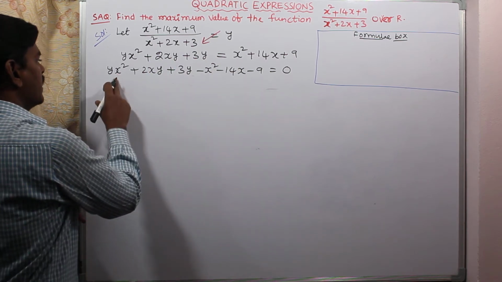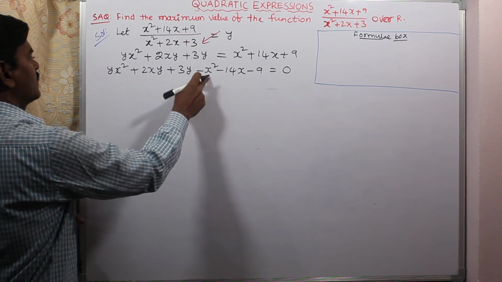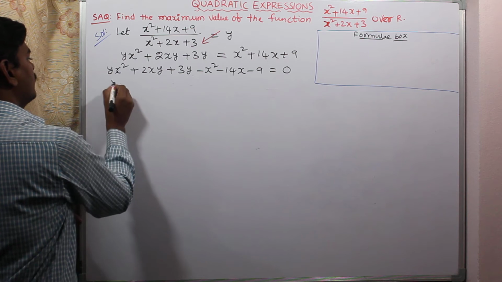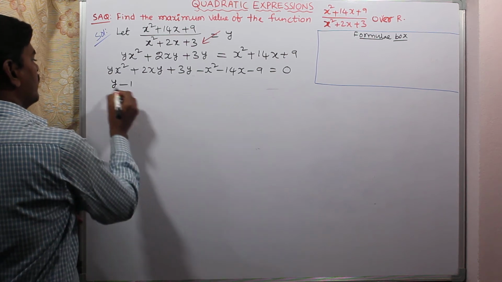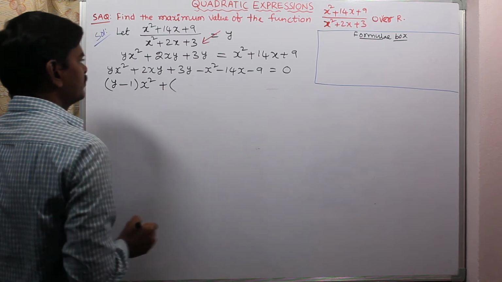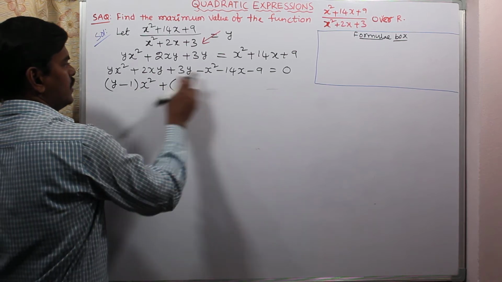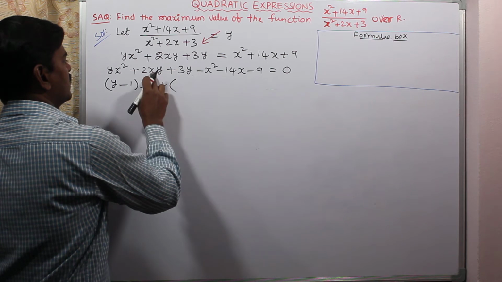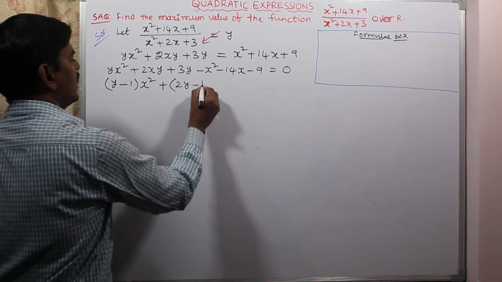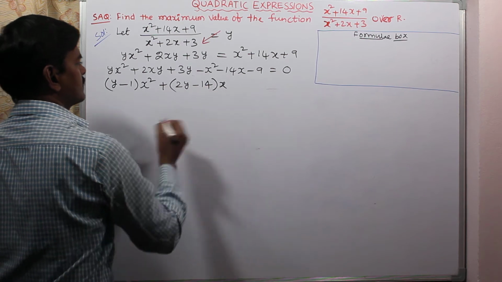That means the summation of x square terms, next x terms, next constant, like that. If you see, we have two x square terms now. So if you take x square common, we are left with y minus 1 into x square, plus next the x terms. Two x terms we have. After taking x common, we are left with 2y minus 14 into x.